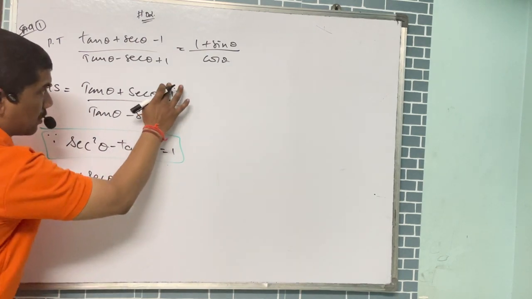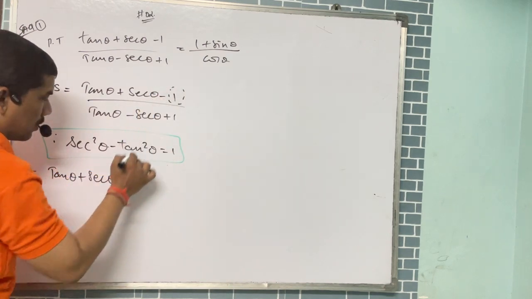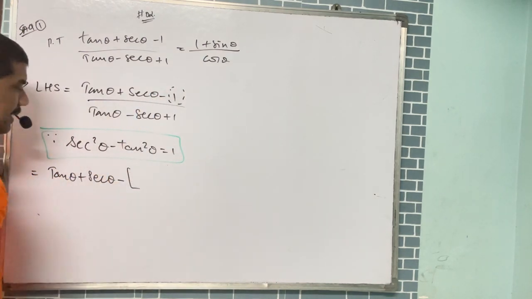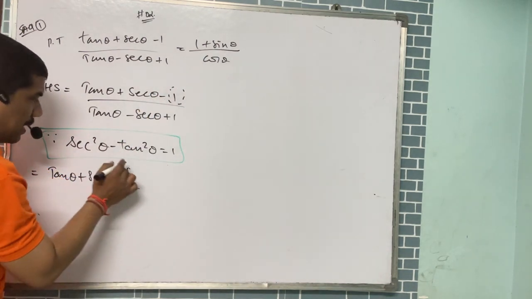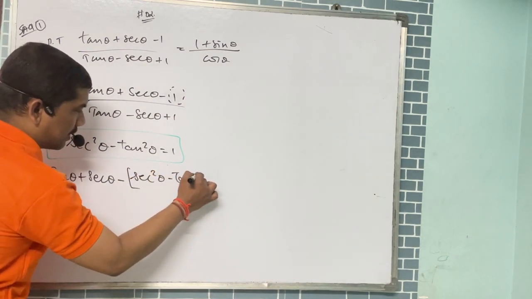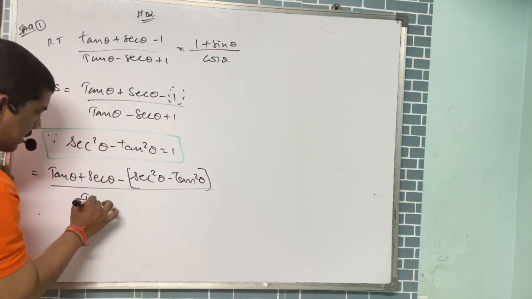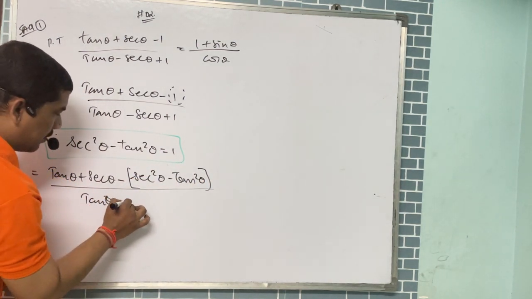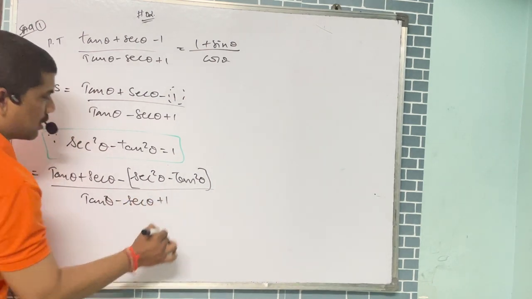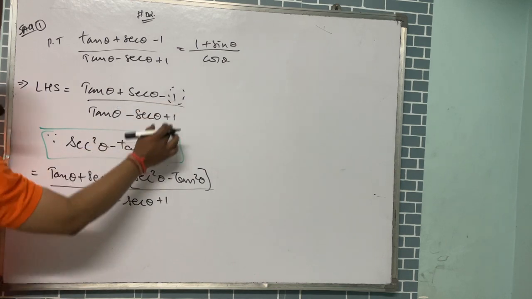Outside there is a minus, so you need to be careful, so I am keeping a bracket. In place of 1, I am writing secant square theta minus tan square theta, by tan theta minus secant theta plus 1.